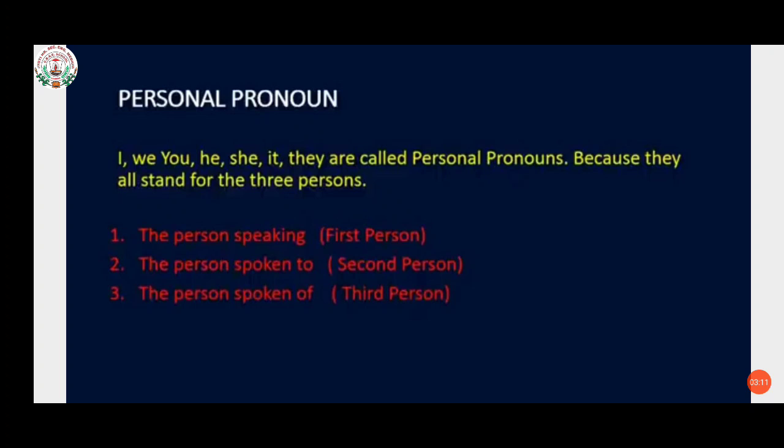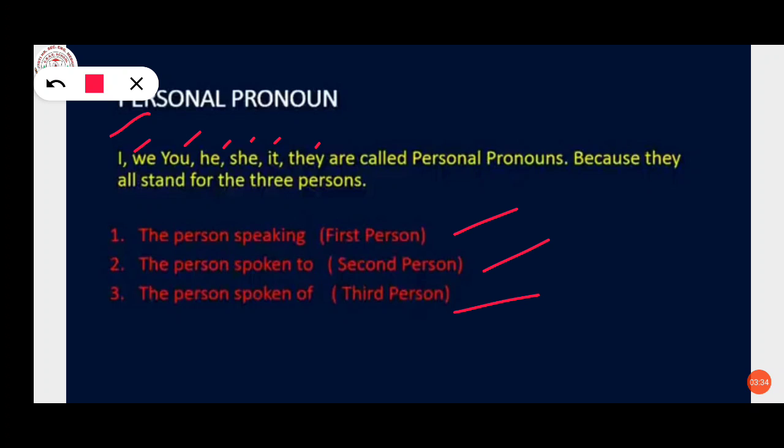You can see I, we, you, he, she, it, they are called personal pronouns because they all stand for the 3 persons, and the 3 persons given here are first person, second person, and third person.